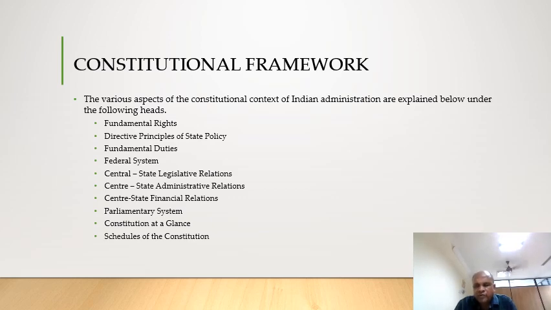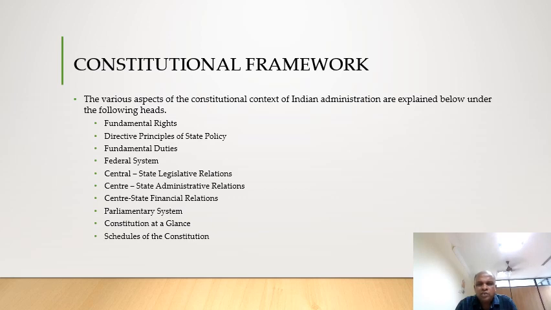The Lok Sabha has 545 members, 543 elected by the people and 3 nominated by the president. In the Rajya Sabha, 250 members, 238 elected by the MLAs and MPs, and 12 members nominated by the President of India. This is the bicameral system.